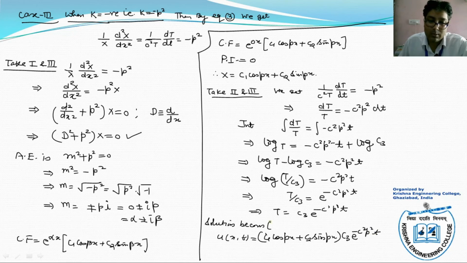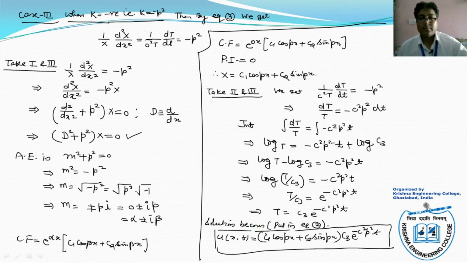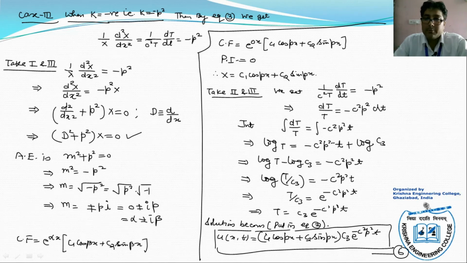This solution is put in equation second. Clear? This is the solution when k is negative. Clear? This is the equation number 6. Now complete the rest on the next page.